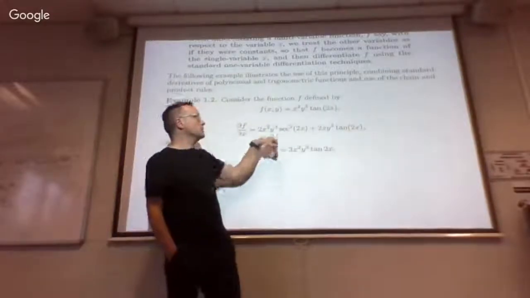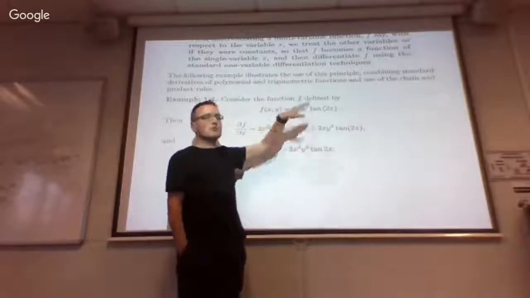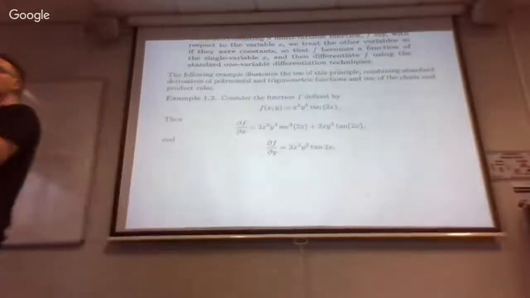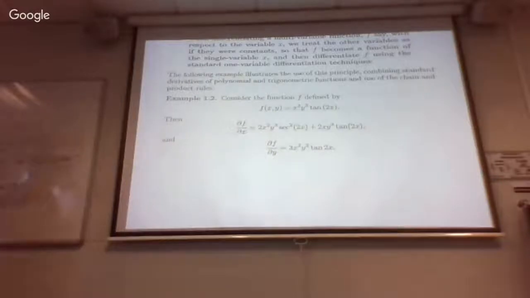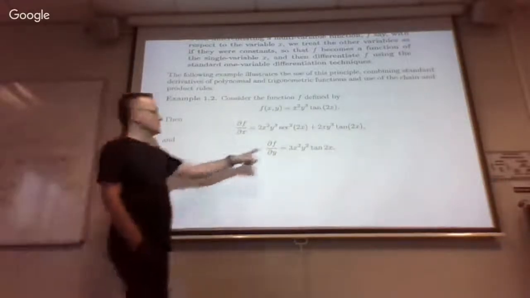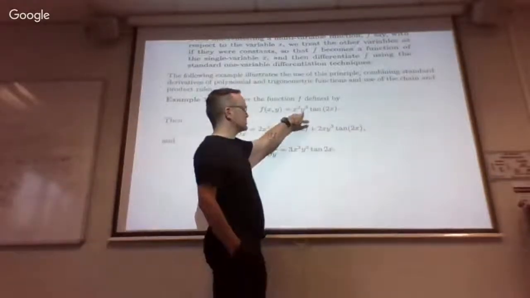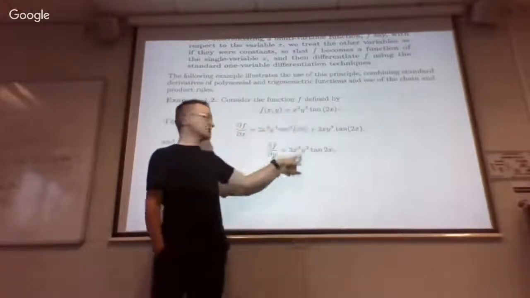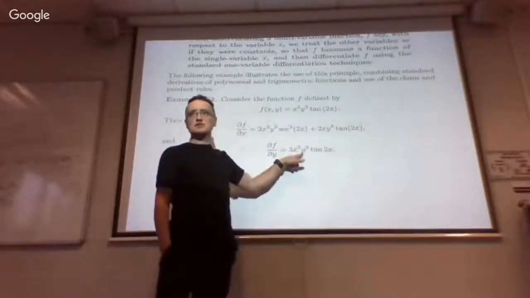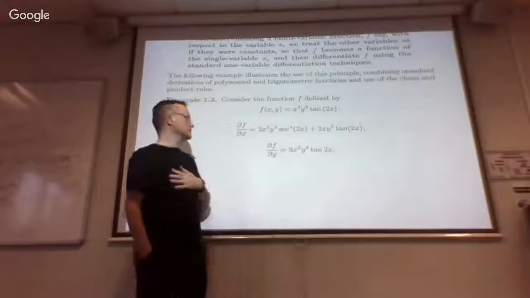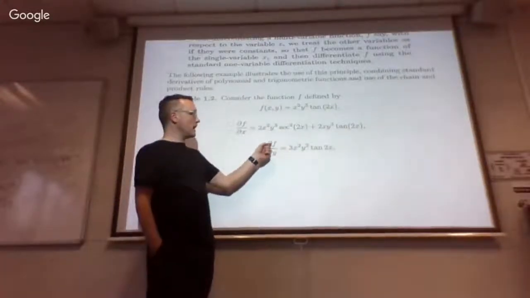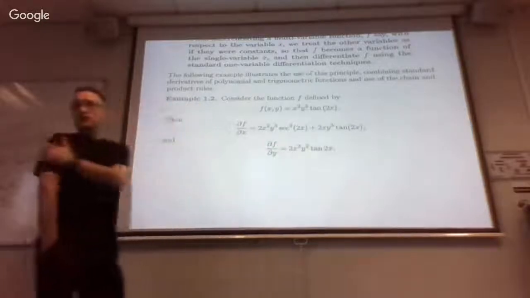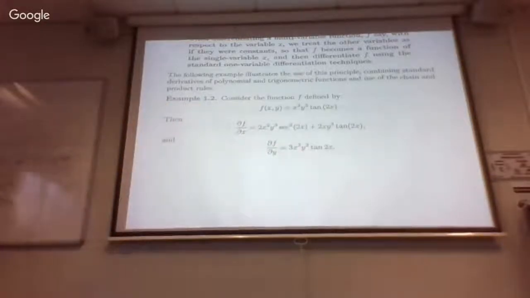We know already from our single variable knowledge that the derivative of y cubed is 3y squared, and whatever constant was multiplying the y cubed is still there multiplying this result. So we know straight away that the derivative with respect to y of f is 3x squared y squared times the tangent of 2x.